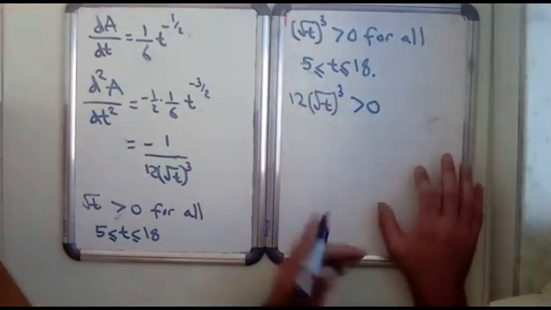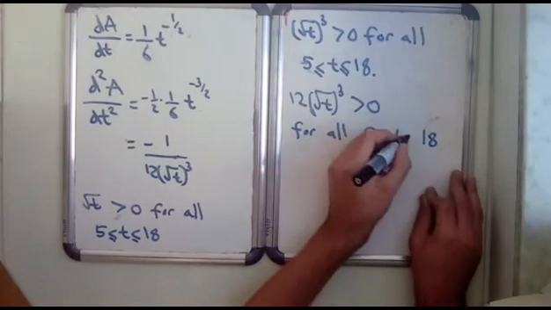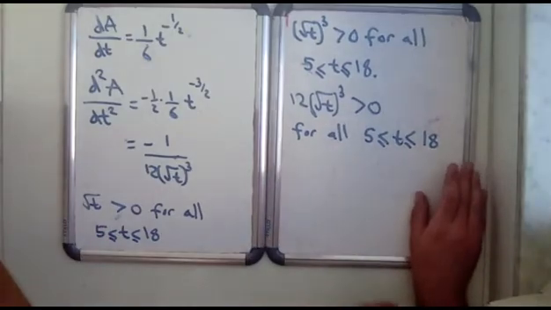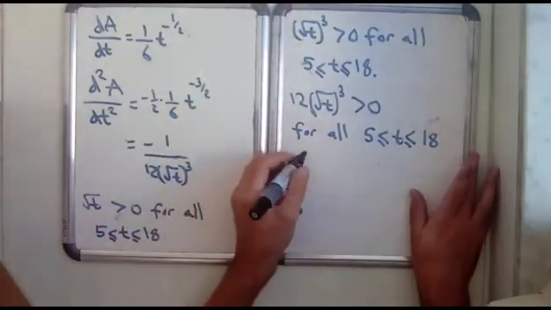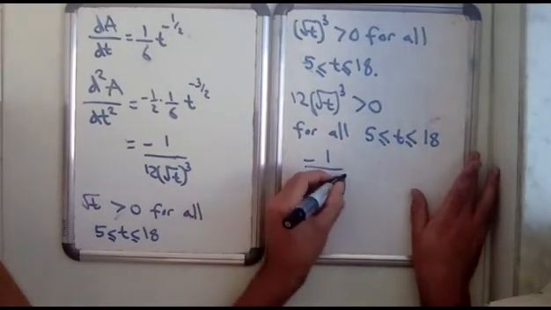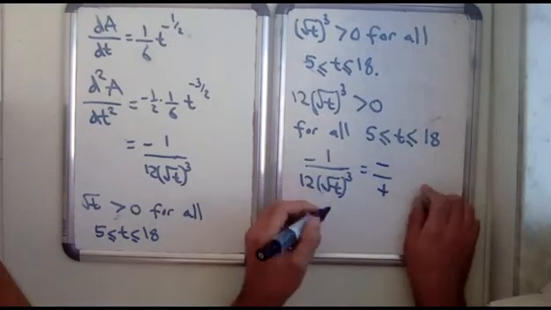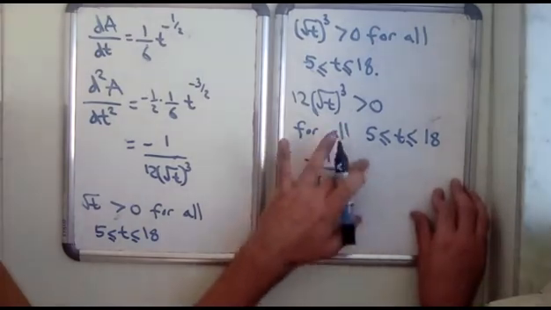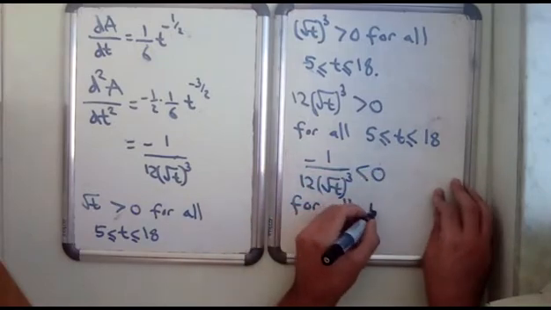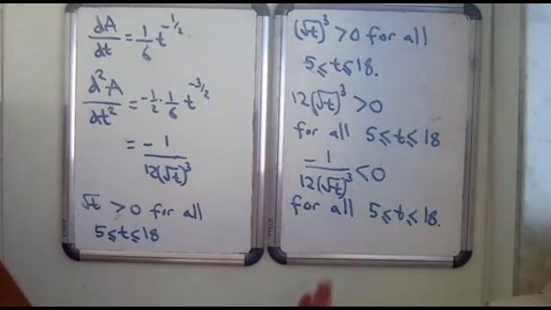Timesing a positive number by 12 is certainly not going to change the sign. It's good practice this, especially if you have to do a lot of this sort of thing with a calculus option, even though I can see why it might be a bit boring. And then put it all together, minus 1 over 12 root t cubed. Well, that's a negative divided by a positive, so that must be less than 0 for all t between 5 and 18. So that explains why it's true.